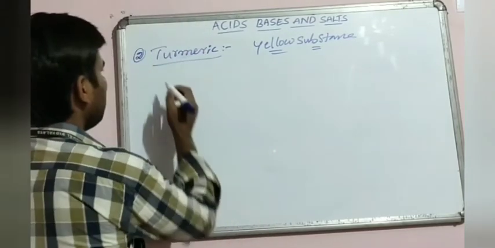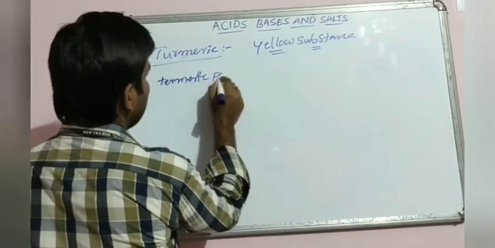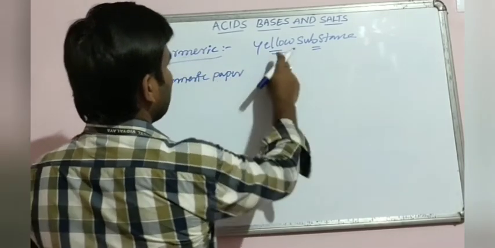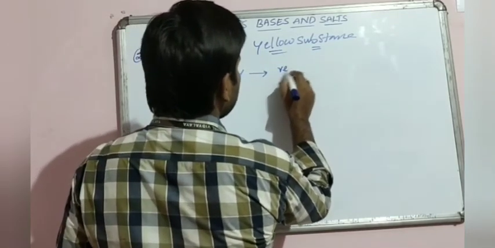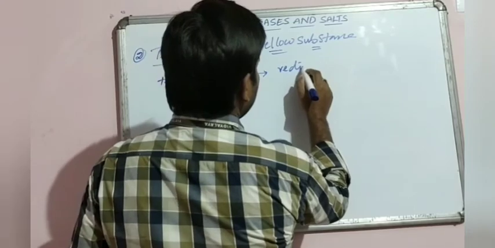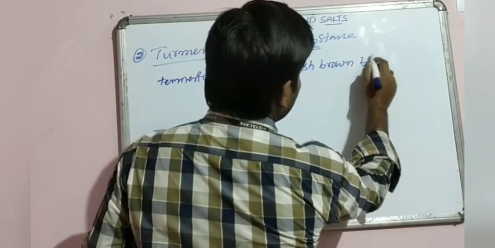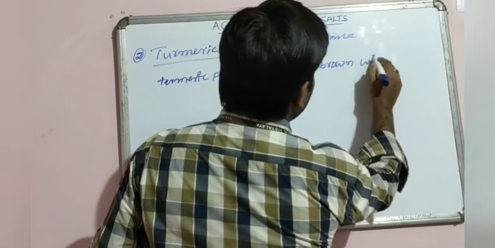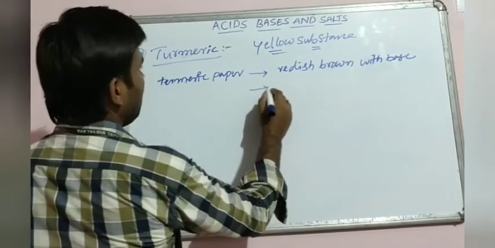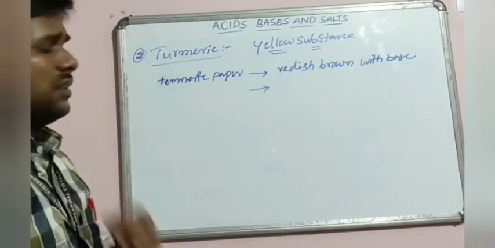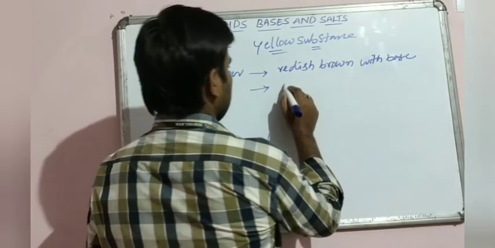This turmeric paper exists in a yellow color. It turns to reddish brown with base, with basic solution. And turmeric paper does not change, no change with an acid.